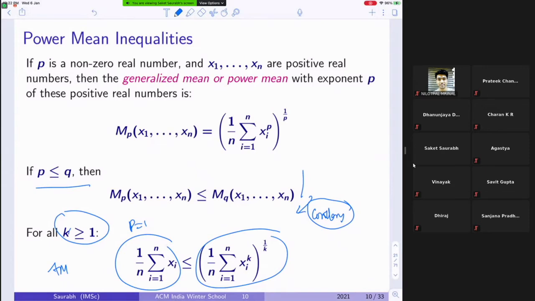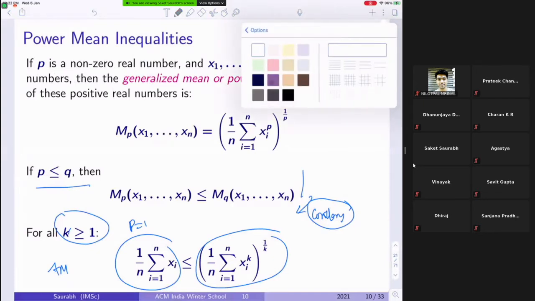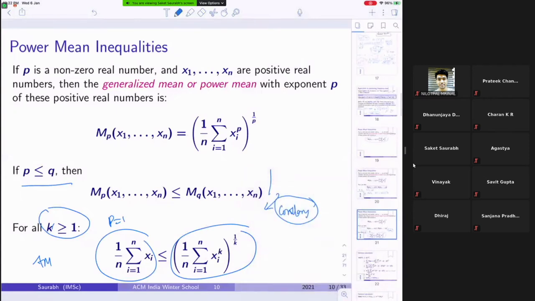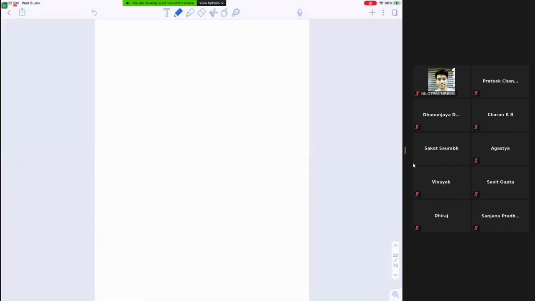Let's see how I'm going to use this. Let me compute the variance of y square. Let's see if I can do this.